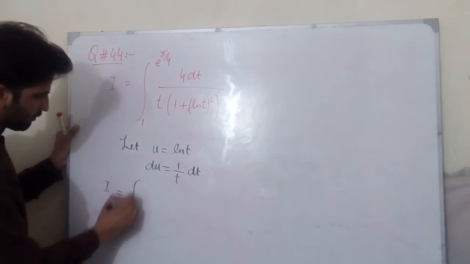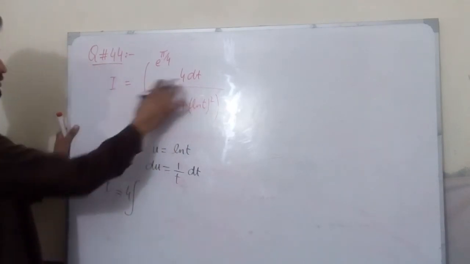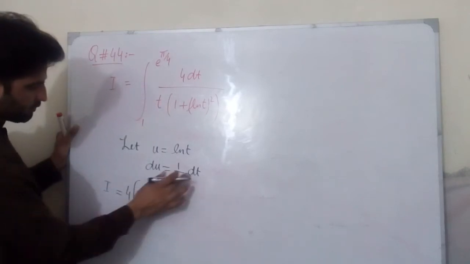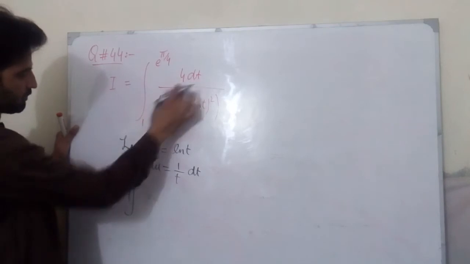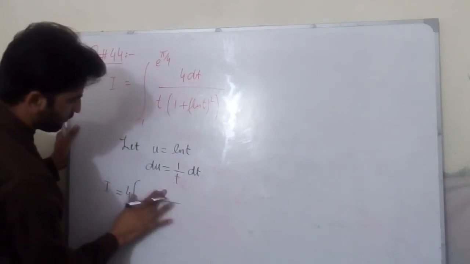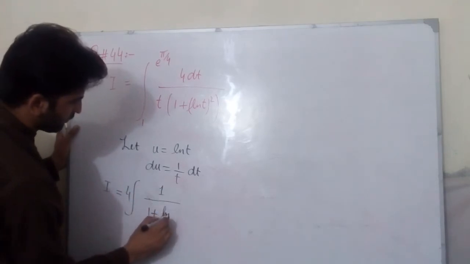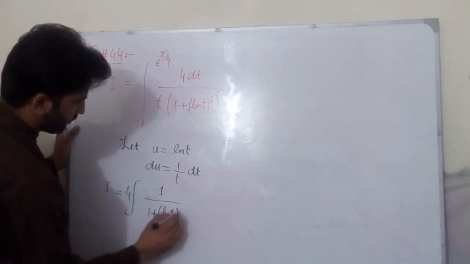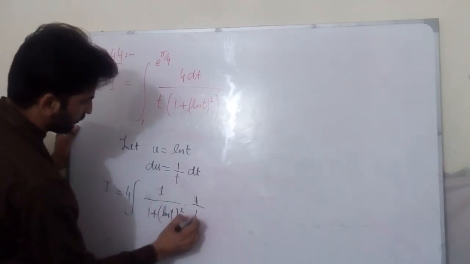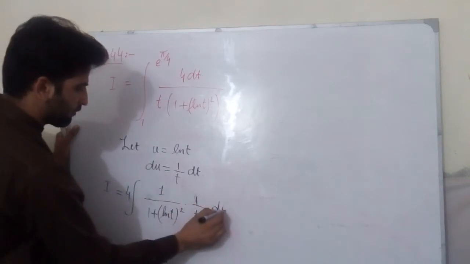Integral equals 4 comes out, and dt over t. So we can write 1 over (1 plus natural log of t) squared into dt over t, this one, into dt.